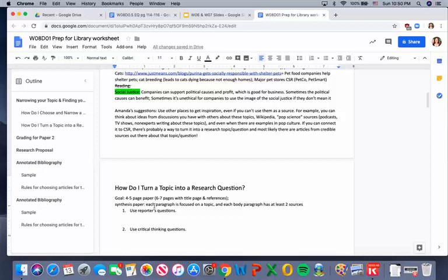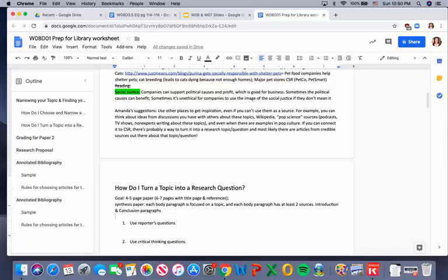So I said each paragraph, but I mean each body paragraph. It's going to be very similar to paper 1, where you also have introduction and conclusion paragraphs as well. So that's important. You've got this paper that you're going to write.